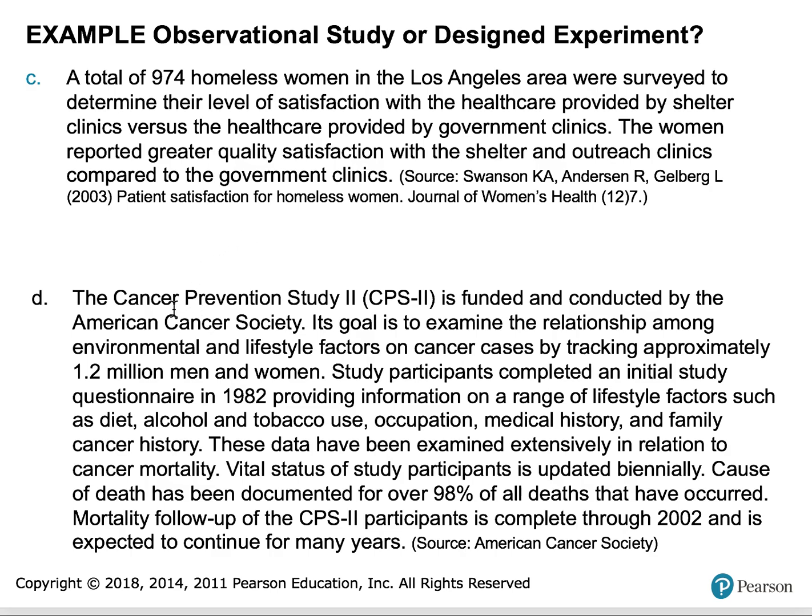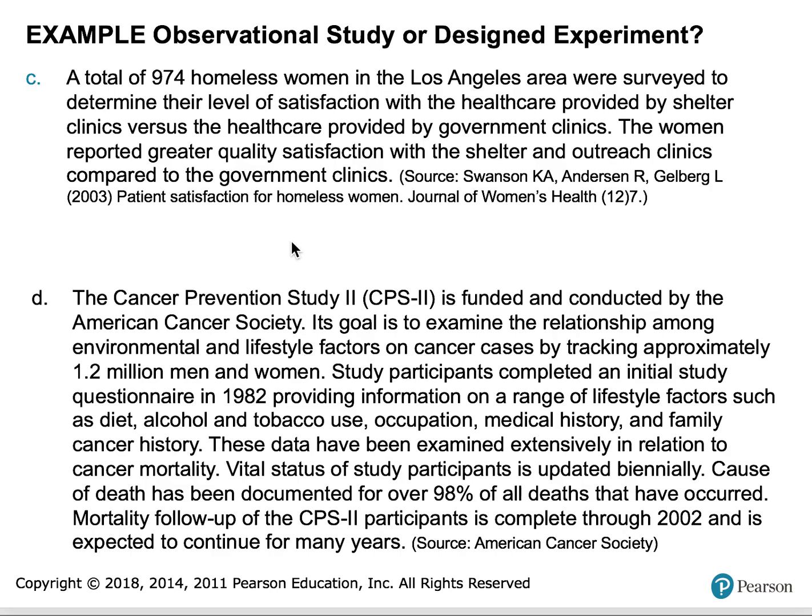Okay, what about D? The Cancer Prevention Study is funded and conducted by the American Cancer Society. Its goal is to examine the relationship among environmental and lifestyle factors on cancer cases by tracking approximately 1.2 million men and women. Study participants completed an initial study questionnaire in 1982, providing information on a range of lifestyle factors such as diet, alcohol and tobacco use, occupation, medical history, and family cancer history.